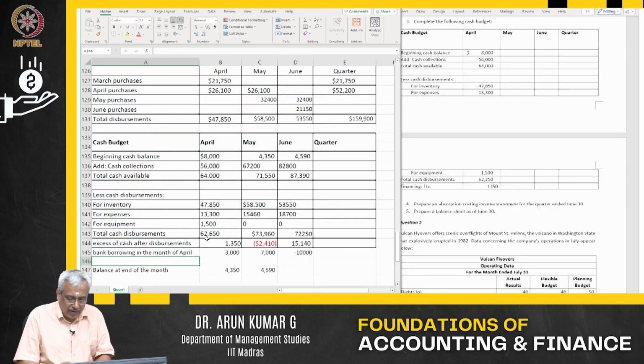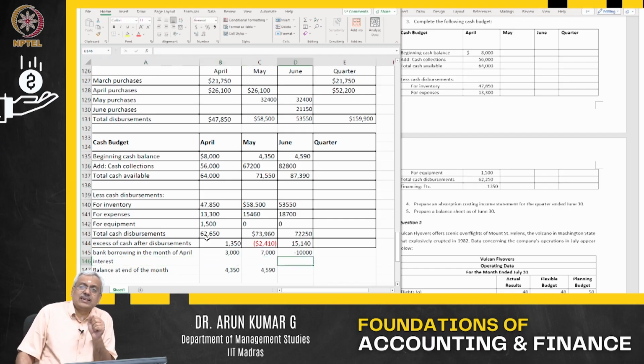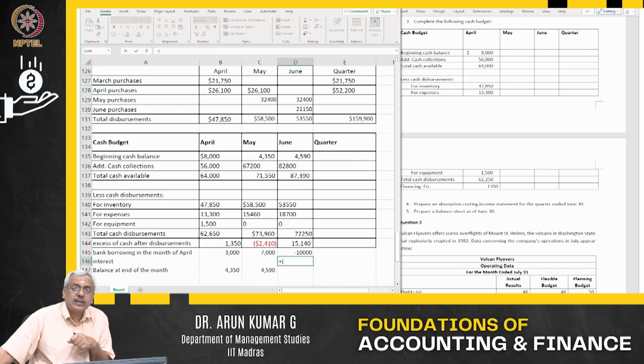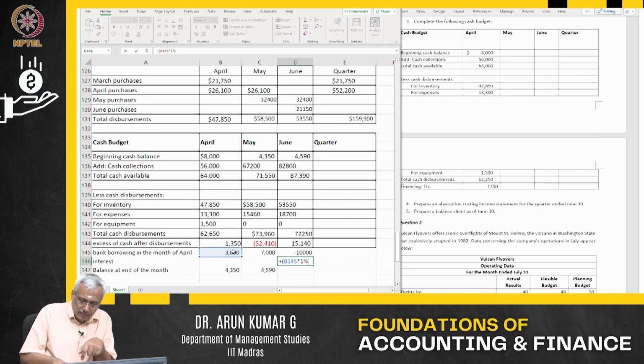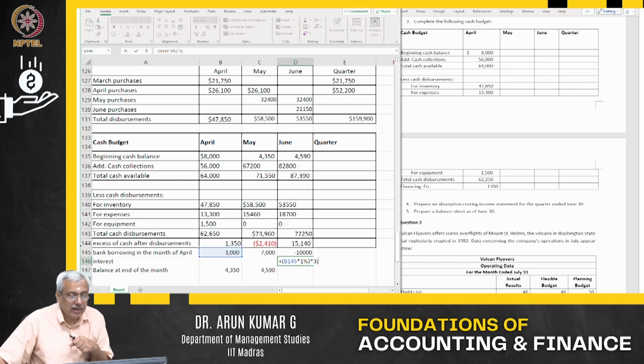Next, what happens? After repayment of loan, I have to pay interest. What is the interest? On this 3,000 what I have borrowed, I have to pay 1% for 3 months because I borrowed in the beginning of April.